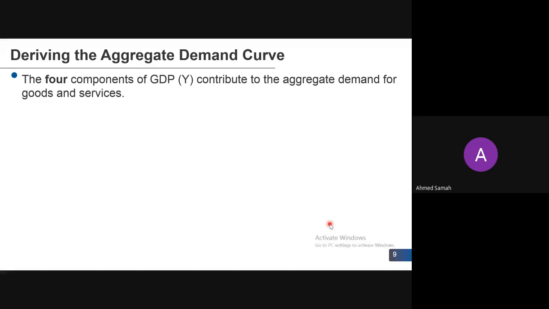Can anybody tell me what the four components of GDP are from the expenditure approach?